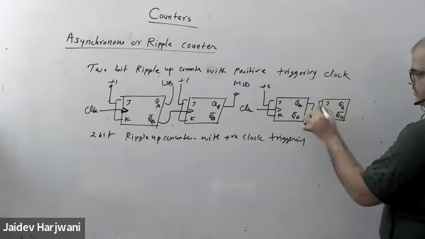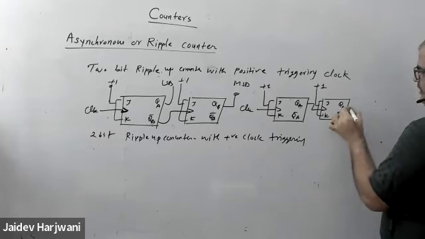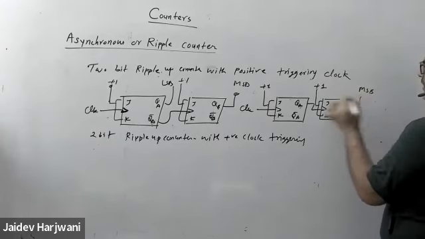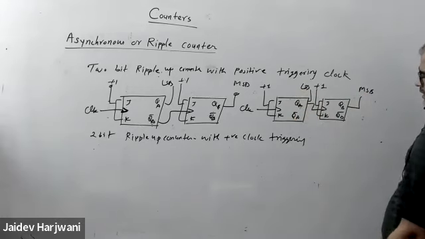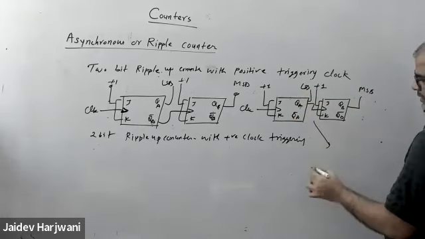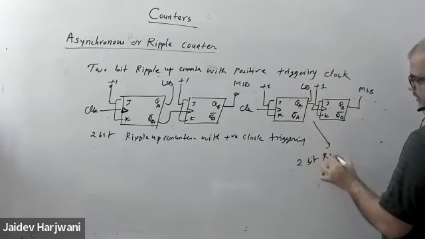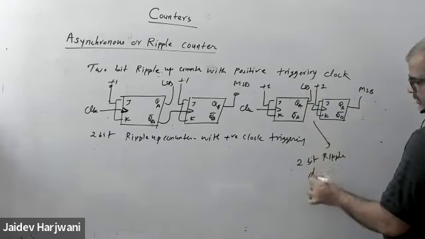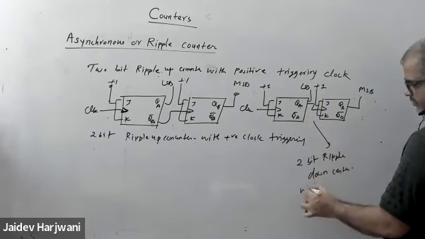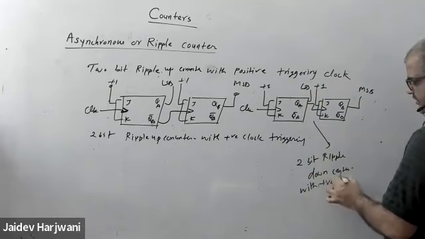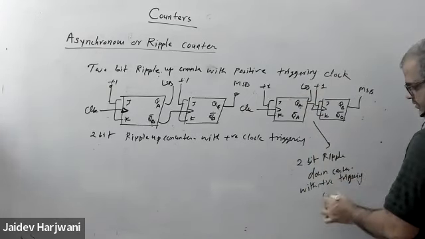JK will be always there with toggle mode, okay, this is your MSB and this is your LSB, okay, and this is your 2-bit ripple down counter with positive triggering clock, okay.